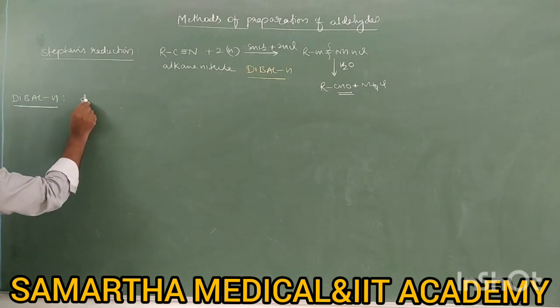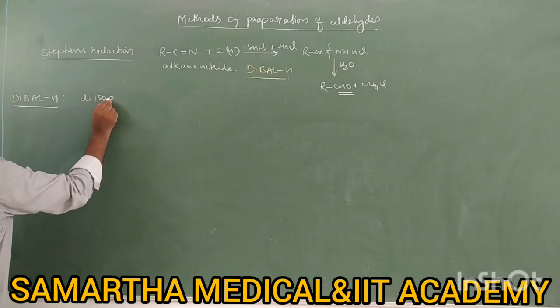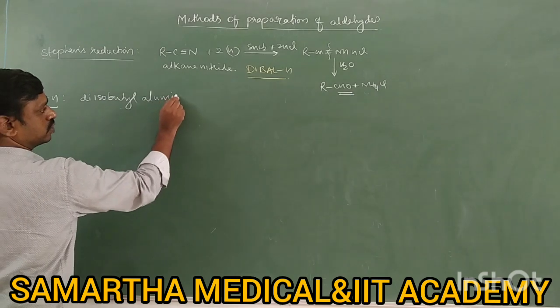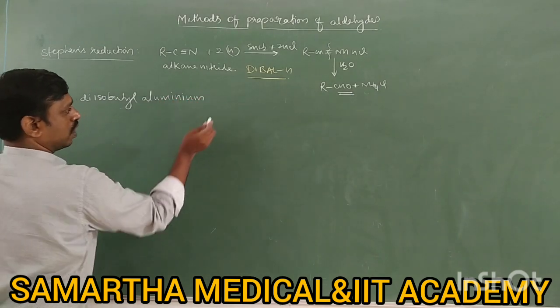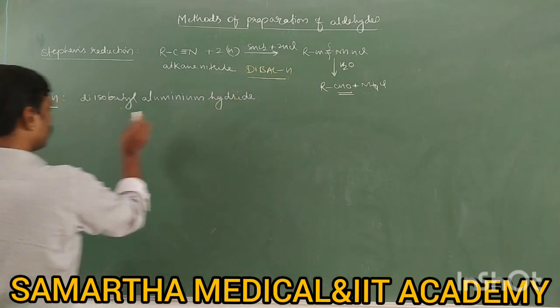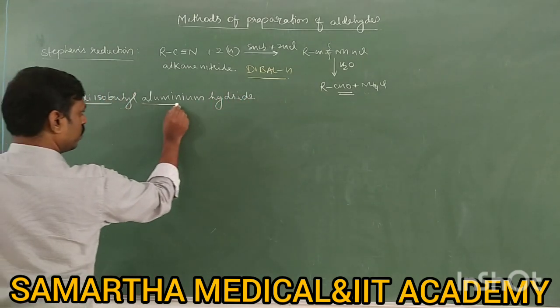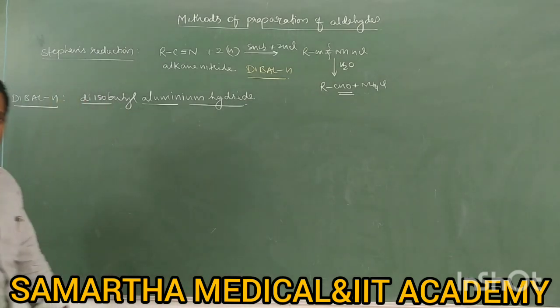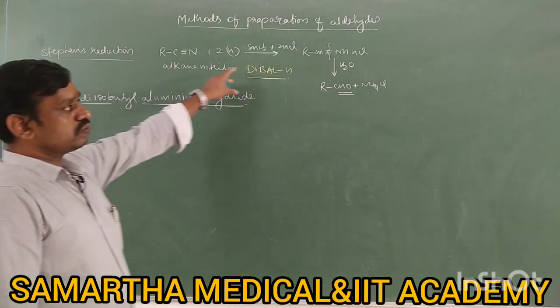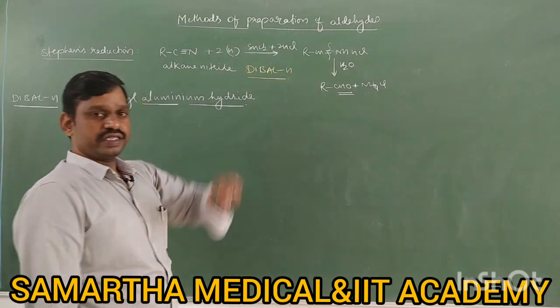It is diisobutyl aluminium hydride, which reduces alkane nitrile to the corresponding aldehydes.